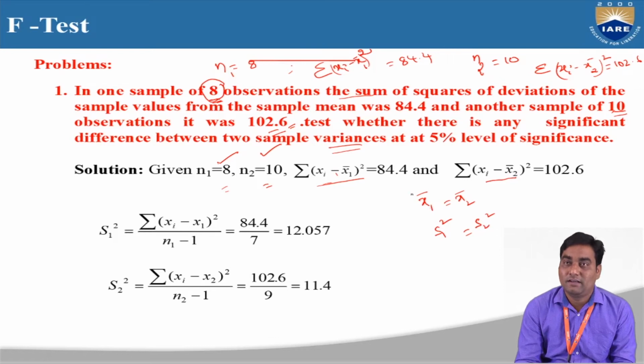But here the problem mentions that we are going to test whether there is any significant difference between 2 sample variances, s1 square equal to s2 square. For this we use only f-test, not t-test for difference of means.